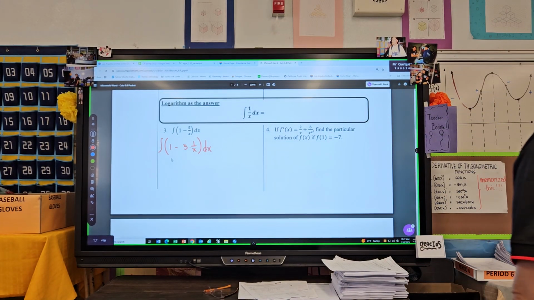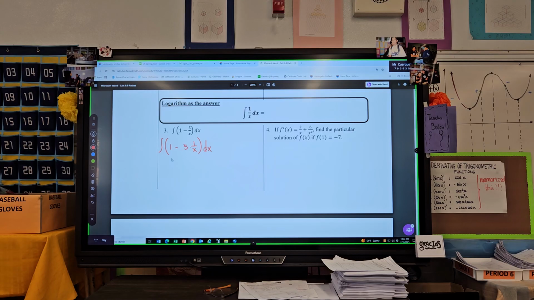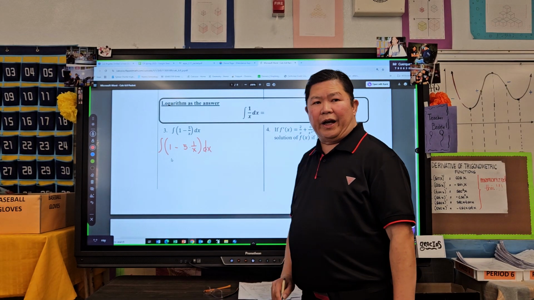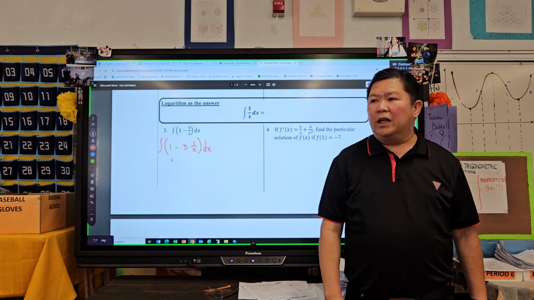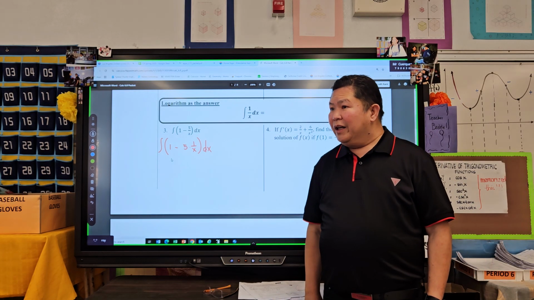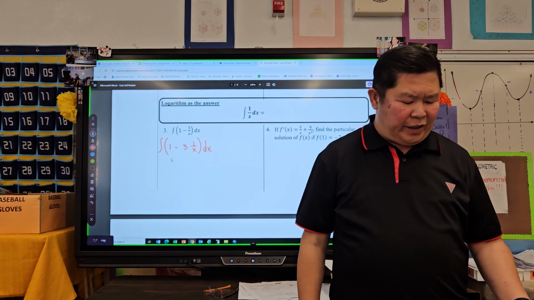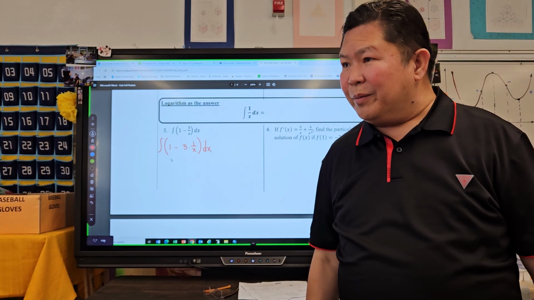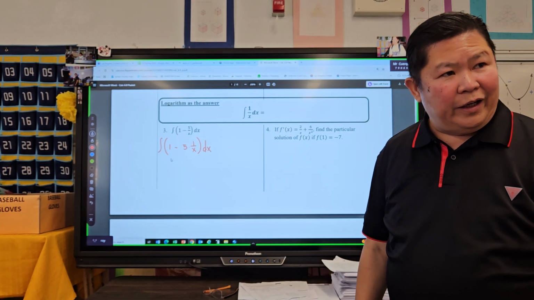Why am I rewriting that? Because our concern is the 1 over x, which is natural logarithm. What is the antiderivative of 1 over x? It's ln absolute value of x. Do you get me?